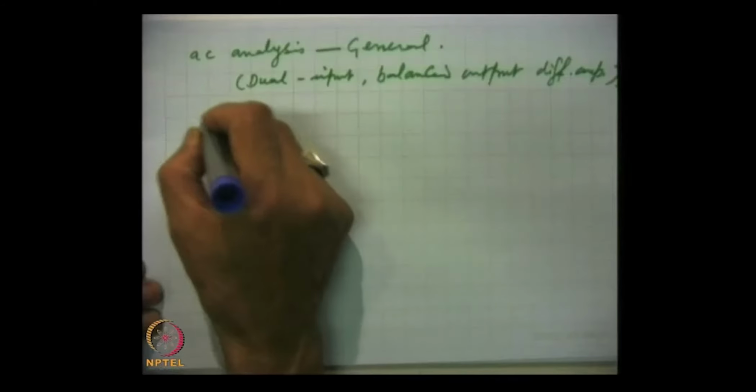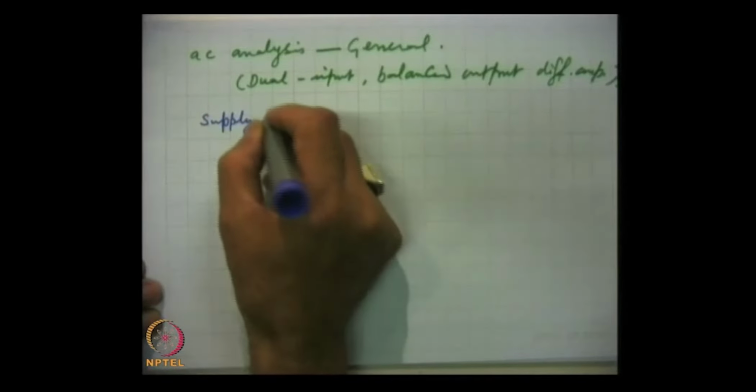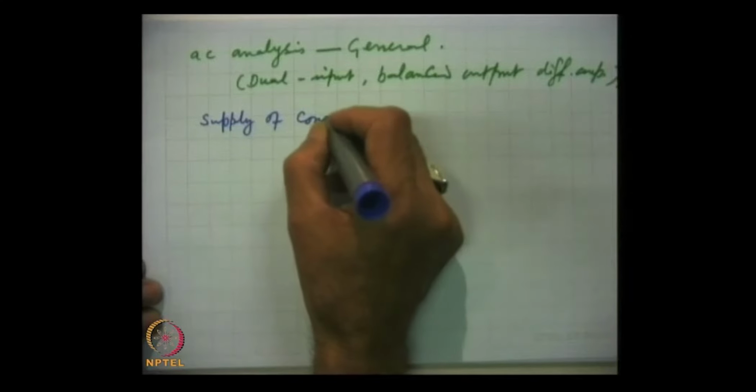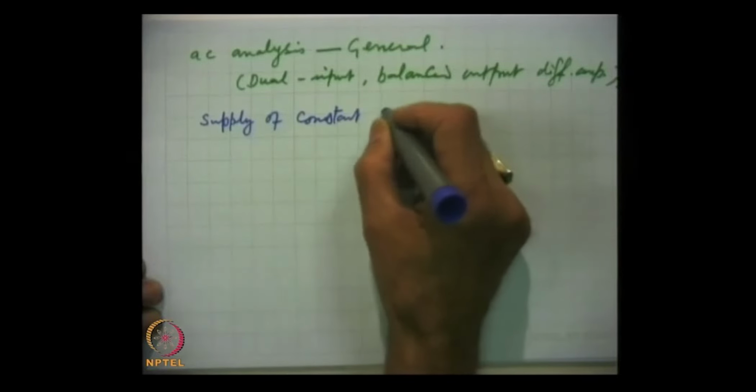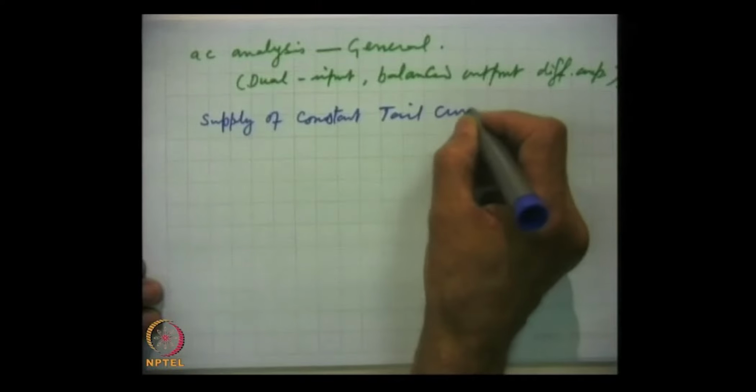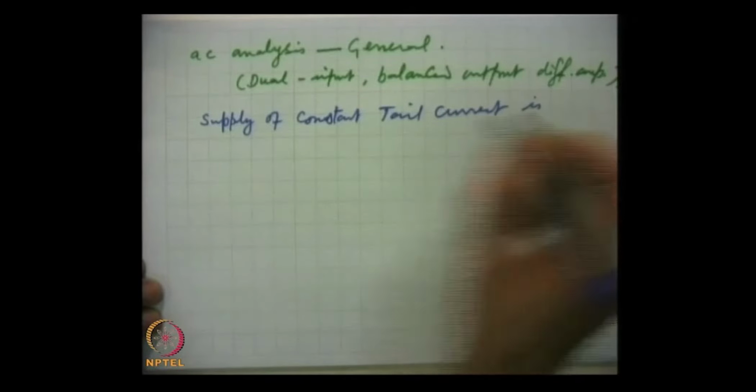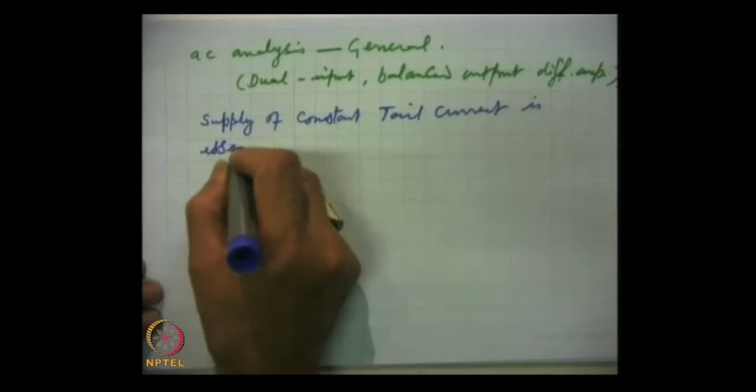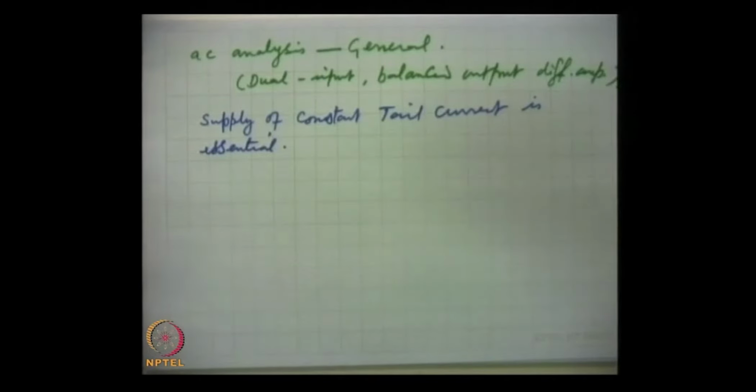Now, for satisfactory performance of differential amplifier, the tail current has to be constant. The supply of constant tail current is essential for the proper functioning of the differential amplifier.